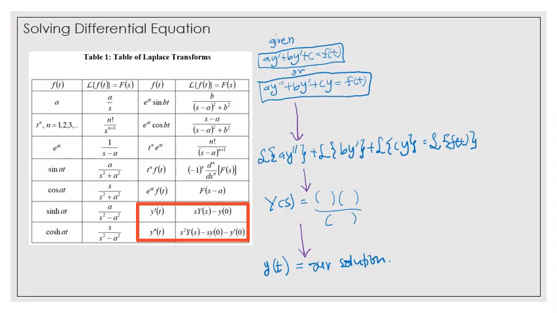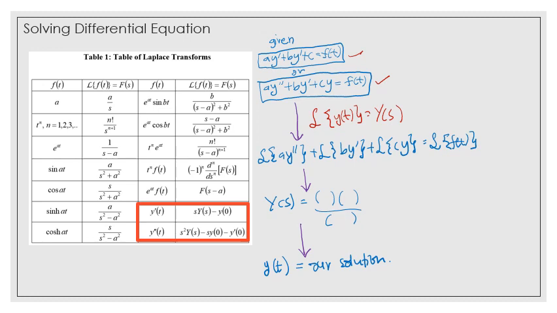Before we start the example, let me explain the general steps to solve a differential equation. Let's say we have a problem of a first or second order differential equation. Using the Laplace transform, we convert the equation into the S term. So for example, I have y(t). When we want to find the Laplace transform, it will become capital Y(s). We convert all the coefficients here by using the Laplace transform.